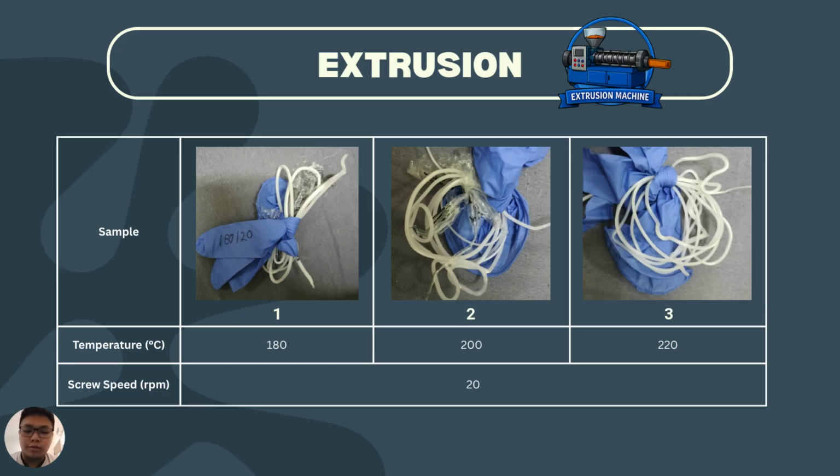220 degrees Celsius. Based on the visual feedback from the extrudate and the condition of the sample, it appears that the combination of 20 rpm and a temperature of 200 degrees Celsius was the most effective, as indicated by the highlighted 20 in the data.